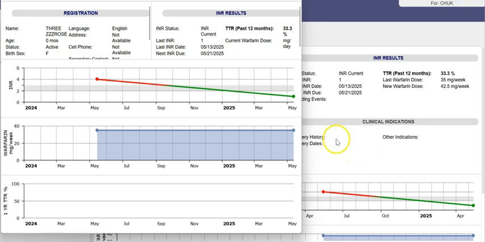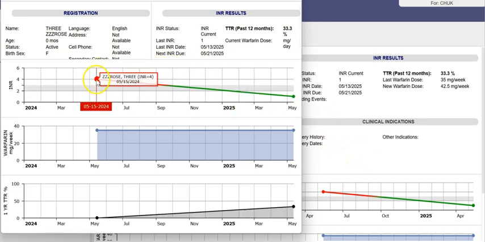How is that possible? Well, if you draw a line between here and here, it will hit the therapeutic range 1/3 of its distance. So the program is calculating that 1/3 of the days in the past year, the patient was within a therapeutic range from this date to this date.